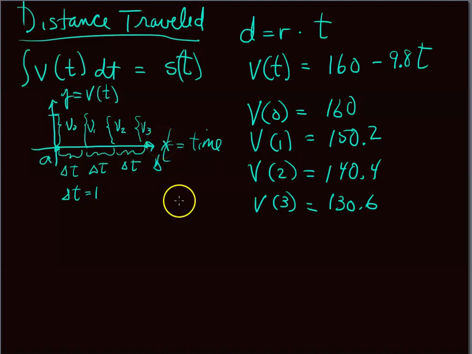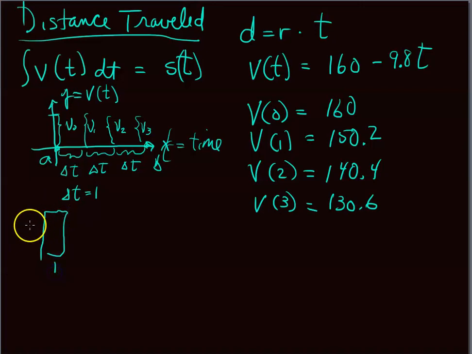So let's try to figure out the area under this curve. The area under the curve will be the position function and give us distance. We know that we have these rectangles.